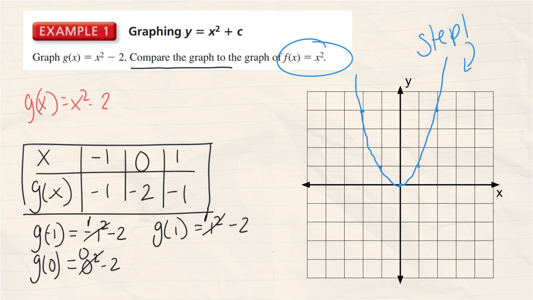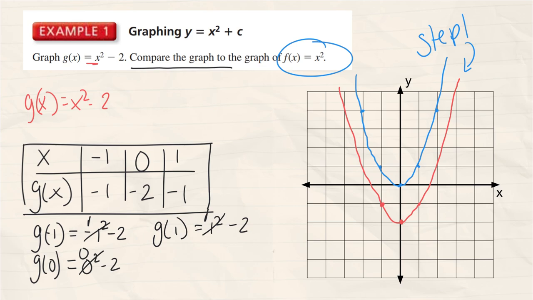I'm able to graph g of x now, which is negative 1, negative 1, 0, negative 2, and 1, negative 1. Here, I do not have a vertical shrink or stretch, because I do not have an a, correct?